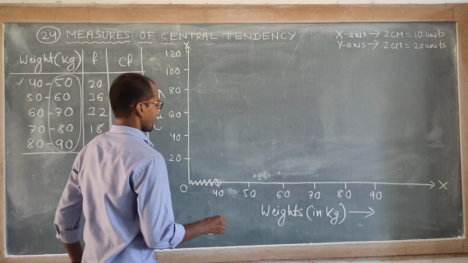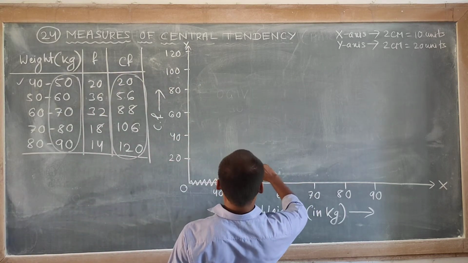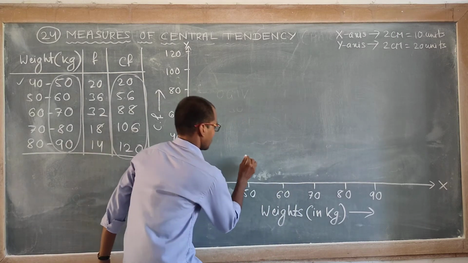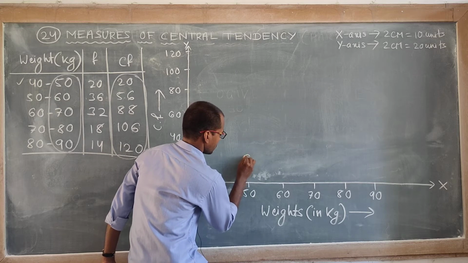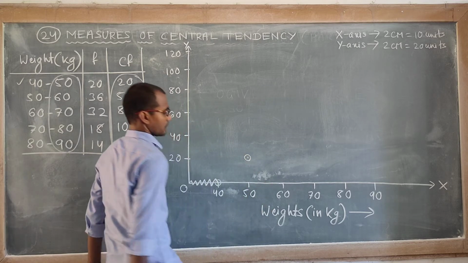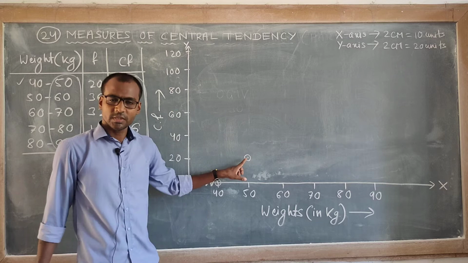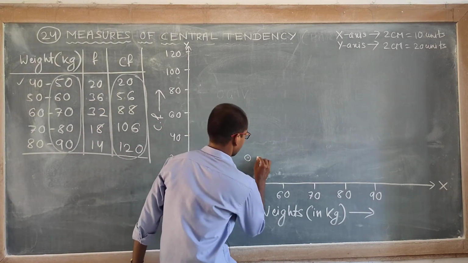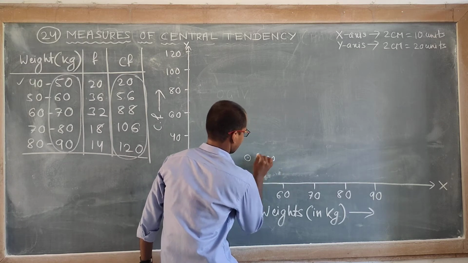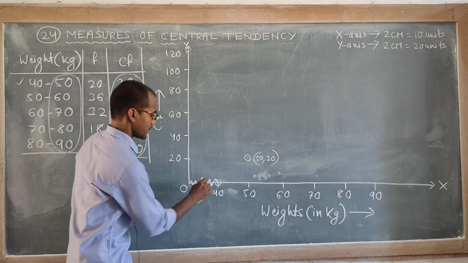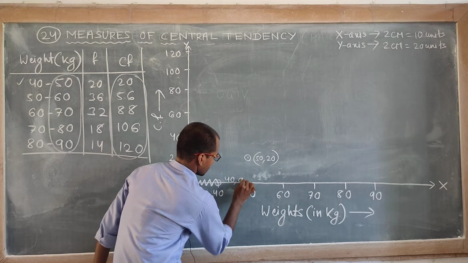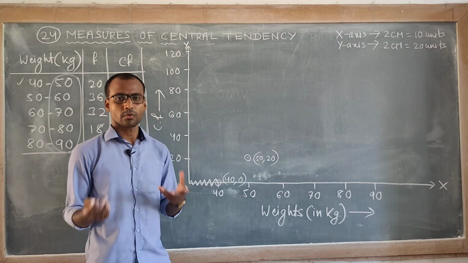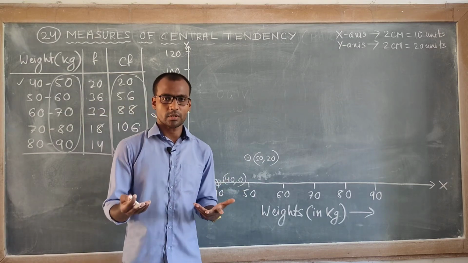Okay, 50, 20 means, okay. This point is 50, 20. Okay, I am writing here 50, 20. This was 40, 0. This you may write, you may not write. Okay, the coordinates you may write, you may not write.